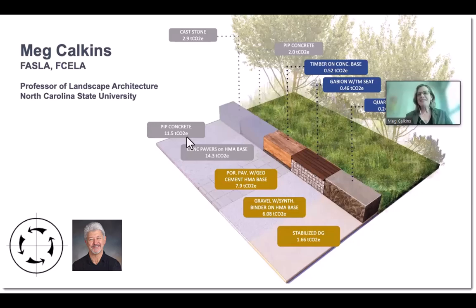I want to acknowledge that what I'm showing is a result of what I saw in a presentation from the ASLA, where Meg Calkins, using data provided by Chris Hardy of Sasaki, was explaining how you can make sensible choices regarding carbon emissions and materials for landscape projects.